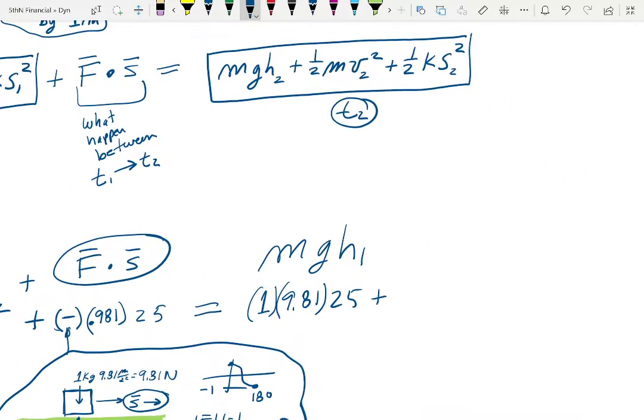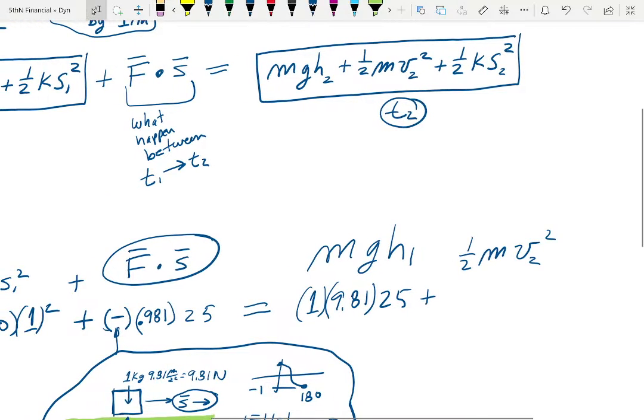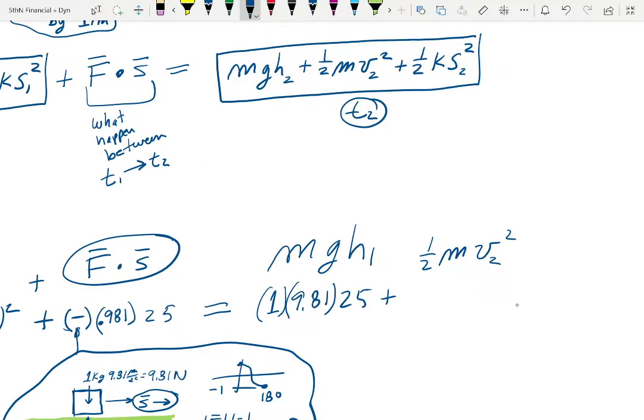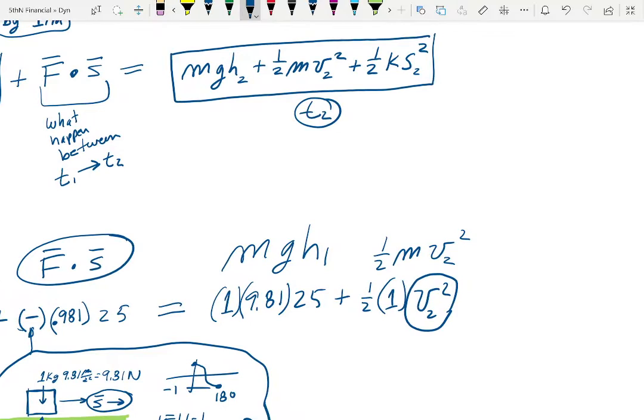Now, 1/2, and these don't have to be in any particular order. This one could come second or third or whatever. It doesn't really matter. So 1/2, still 1 kilogram. This is the part I don't know; this is what I'm going to be searching for. What about the spring?